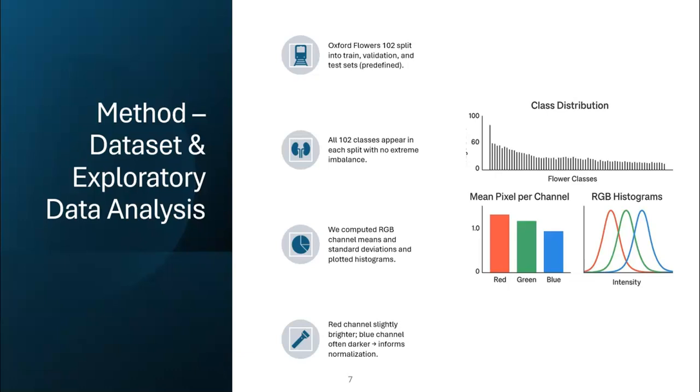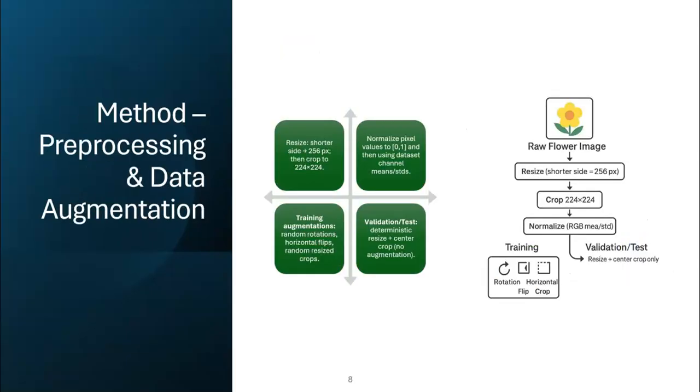The red channel tends to be slightly brighter and the blue darker, which influenced our choice of normalization parameters.